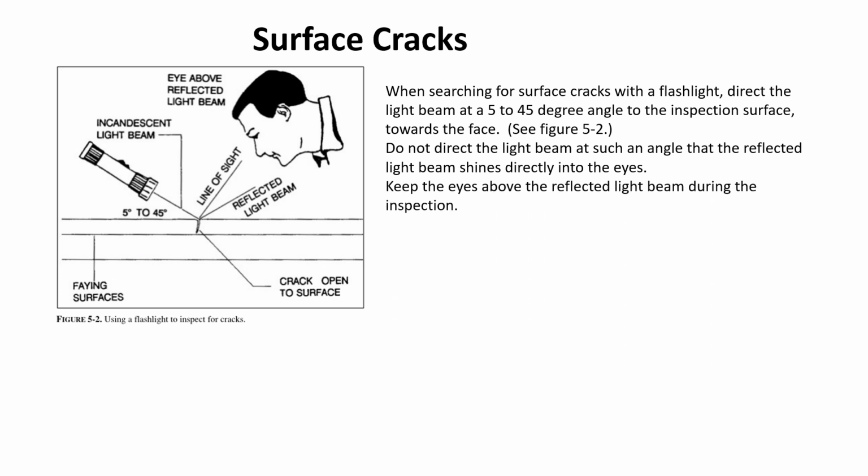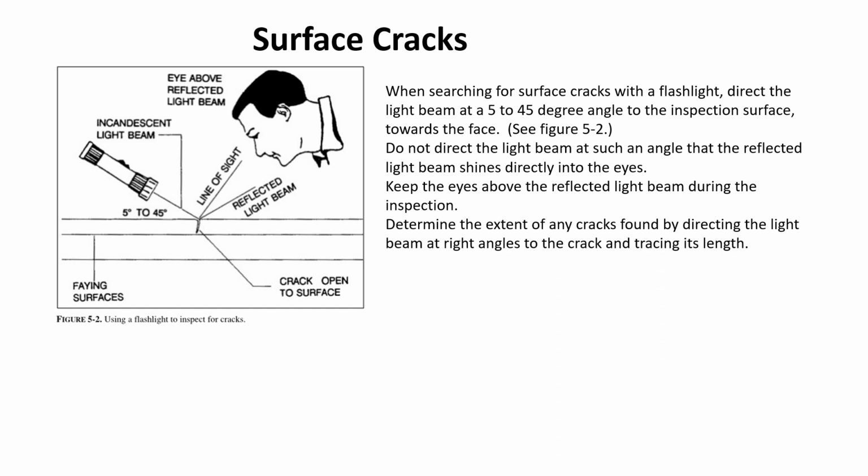Keep your eyes above the reflected light beam during the inspection. And then figure out what kind of cracks can be found by directing the light at the different angles and tracing the lengths of the cracks. Figure out what your cracks look like. And you can use a 10 power magnifying glass if you need to.